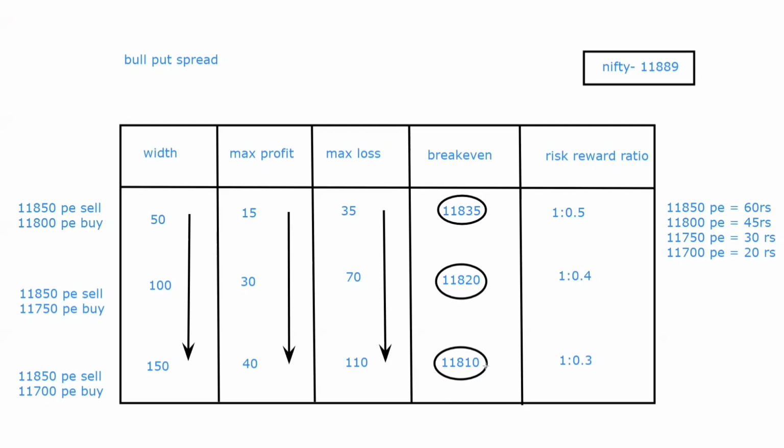Simple. 11,810 के ऊपर मार्केट की ज्यादा प्रोबेबिलिटी है as compared to 11,835, right? We are getting 25 points more over here, right? 25 points more we are getting, that is probability of the market being above 11,810 is more than the probability of the market staying above 11,835, right?